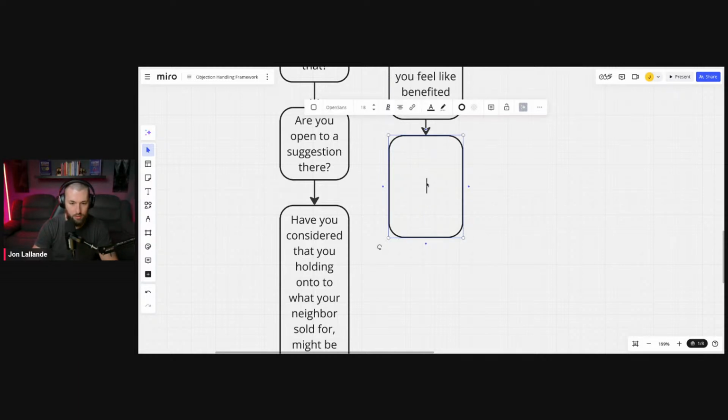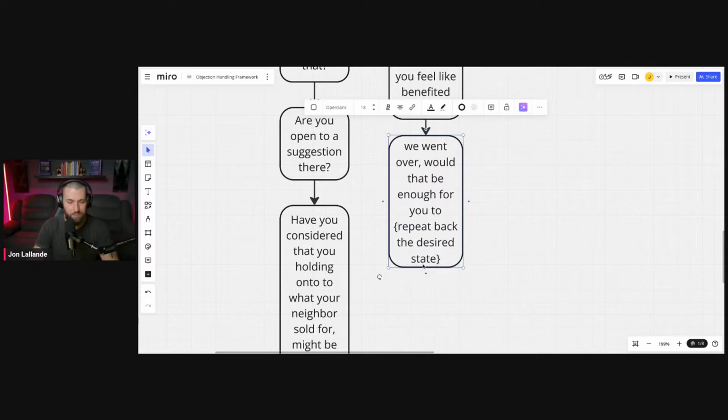So what I'm going to ask is, the money we went over, would that be enough for you to, and then we repeat back the result, or the desired state. So the $200,000 that you'll walk away with in your pocket, would that be enough for you to put a down payment on this next house? Would that be enough for you to be able to do this?